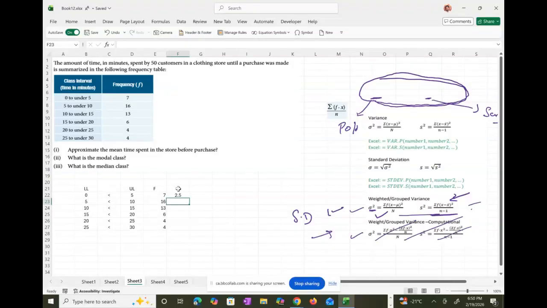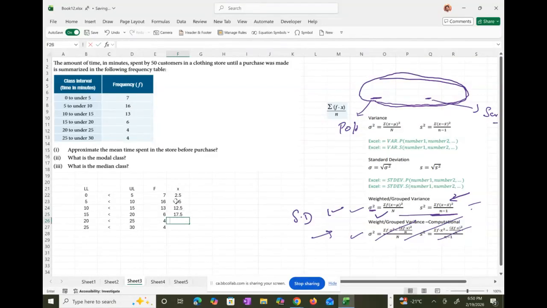Now x is the middle value of each class. Between 0 and 5, the middle value is 2.5. The same way the middle value for the next one is 7.5, the next one will be 12.5, and the next one will be 17.5.